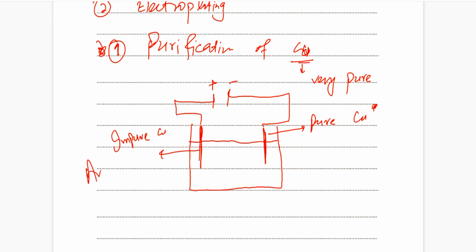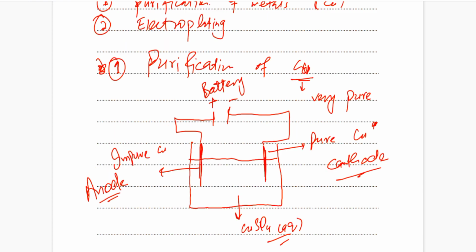This is anode and this is cathode. Okay, this is the battery, and here we take the aqueous salt of the copper. Okay, so we simply take here copper sulfate aqueous.